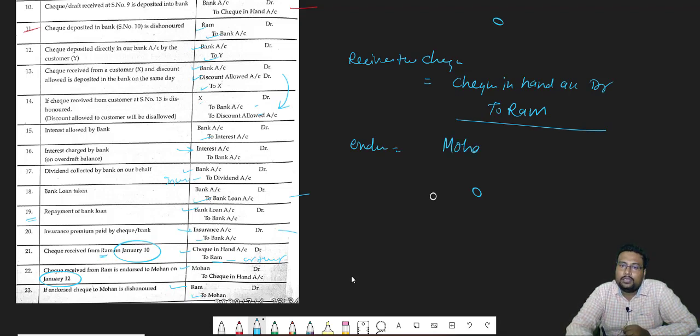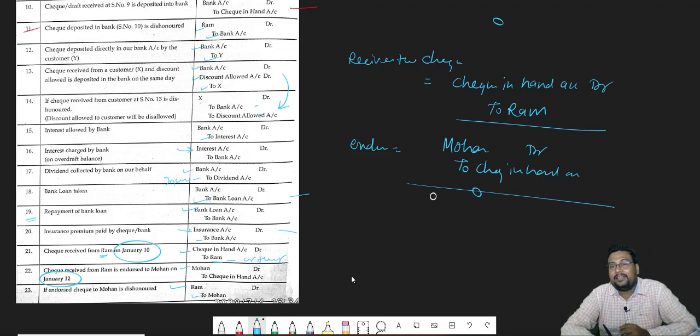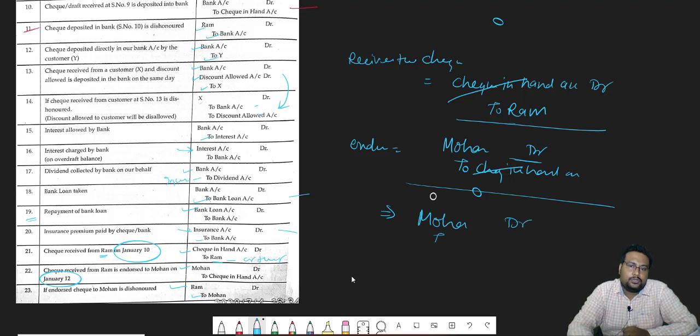So Mohan debit to check in hand, because check in hand is going out. You can see that check in hand account is debit, check in hand account is credit. It will cut each other, and what effect remains? Mohan debit to Ram.